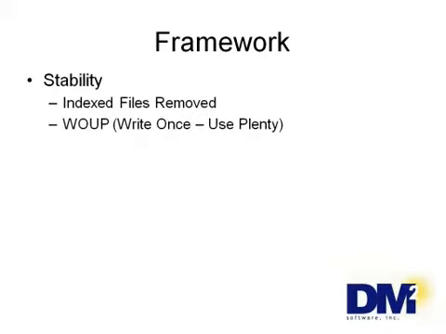Another thing is WOOP, write once, use plenty. What we can do is consolidate particular pieces of the software into one particular code line. So for instance, how we calculate taxes can be written once and used all over the system. The previous versions before 4.05 actually had the taxes calculated in 14 different places.